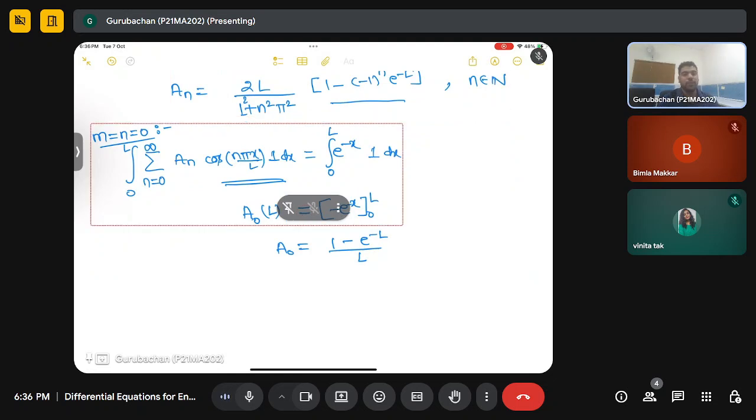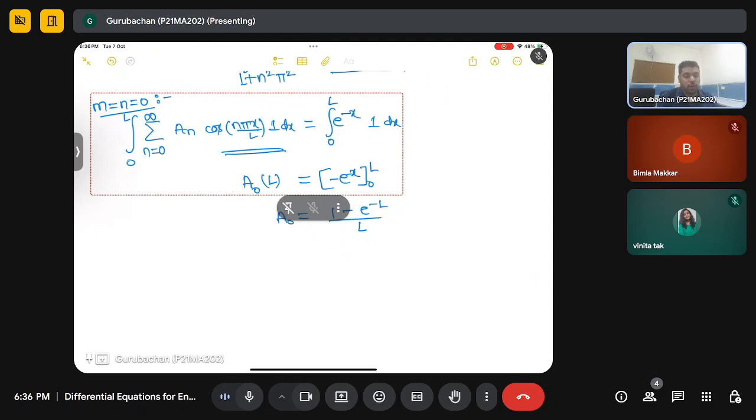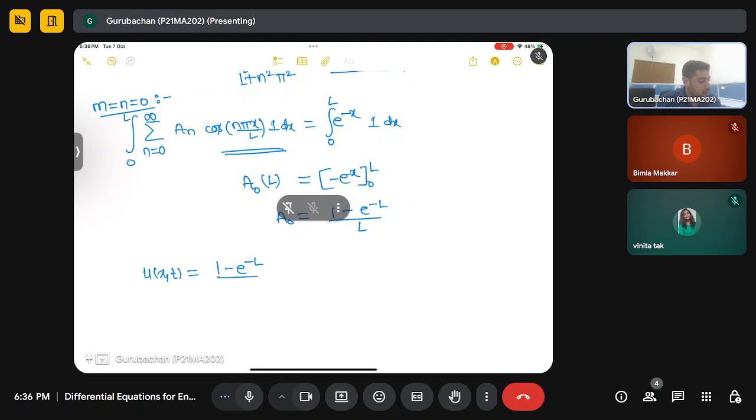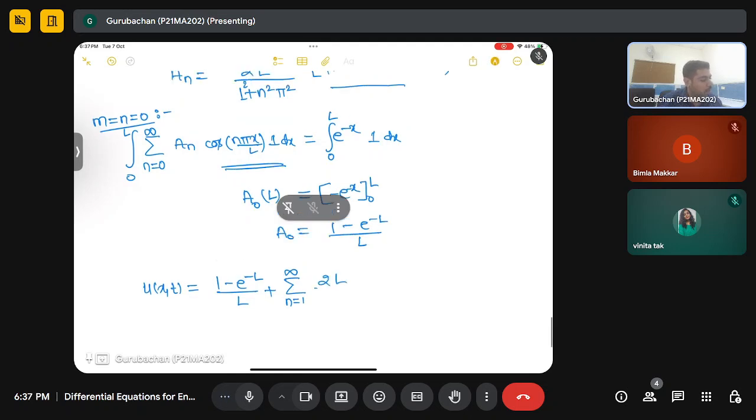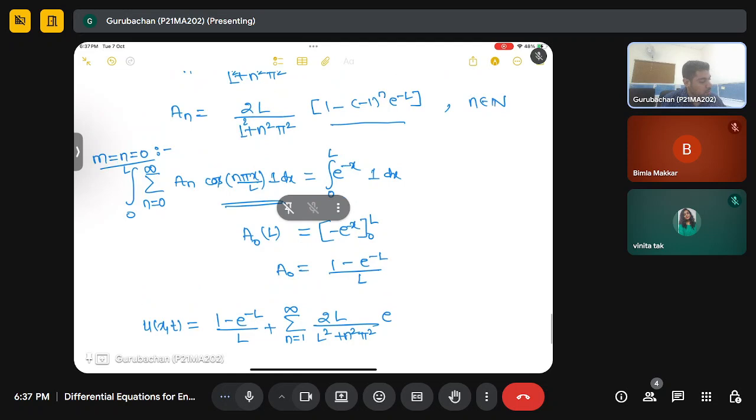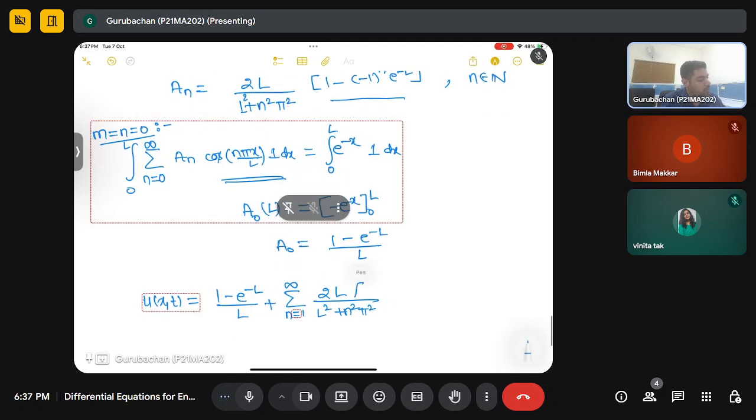After this, we know the value of a naught and we know the value of a_n, so we can conclude our u(x,t). So our u(x,t) is 1 minus e to the power minus L divided by L plus the series n from 1 to infinity of 2L divided by L square n square pi square, and this will be left only, so 1 minus (-1) to the power n e to the power minus L. So this is your constant.